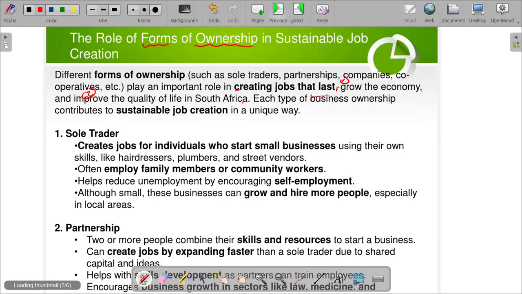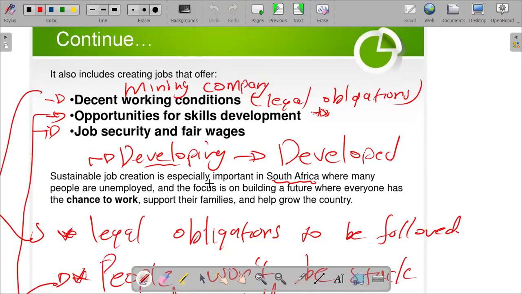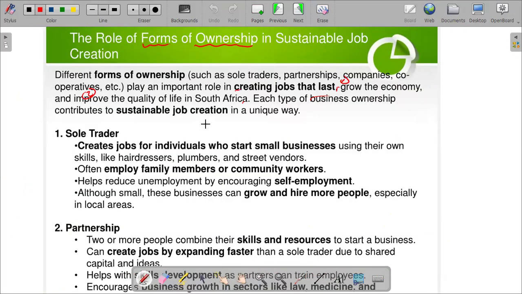It says here that sustainable job creation is especially important in South Africa where many people are unemployed. So for us to improve the quality of life so that people go from being unemployed to employed, it's very important that within these forms of ownership, these companies create jobs that last so that the economy could grow and improve the quality of life in South Africa.